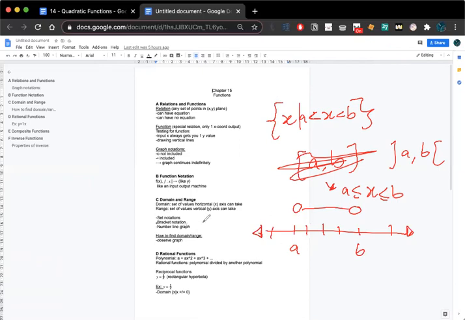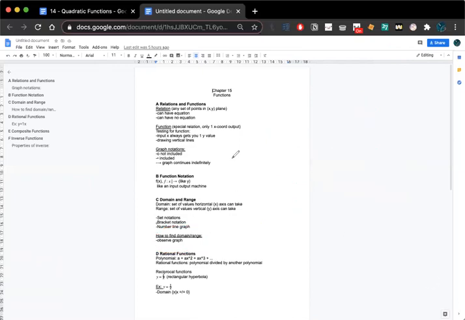Okay, so how do you find domain or range? I don't think there's a concrete way or explanation on how to find domain or range of everything, and not a specific guide on how to do it because there are too many functions out there.